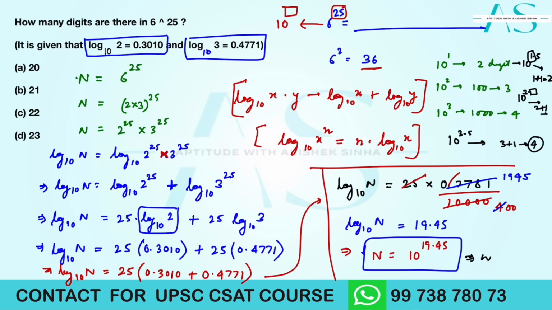The number of digits is actually 19 plus 1, which is 20 digits. जैसे 10 to the power 3.5, 3.6, whatever it is, it will always be 3 plus 1. 2.5, so always it is 2 plus 1. 1.5, it is always 1 plus 1. So always you just need to add 1. Point में है. Do that, you will get the result as 20. Option A is your correct fit.